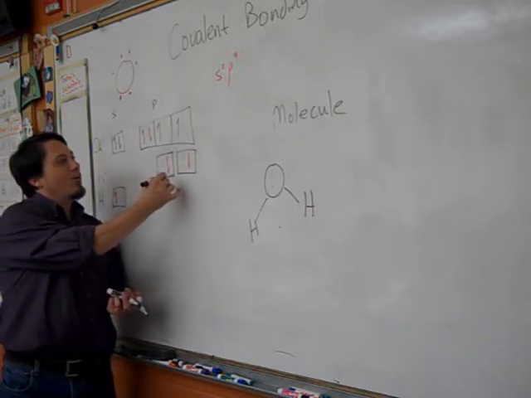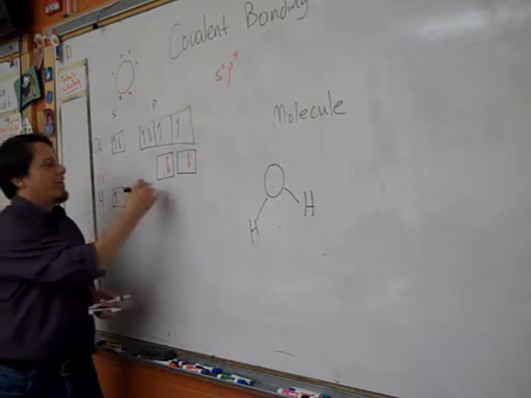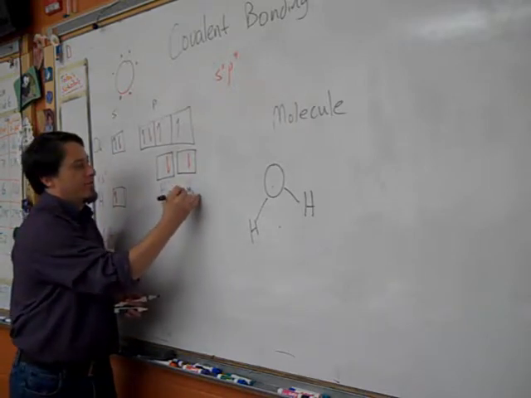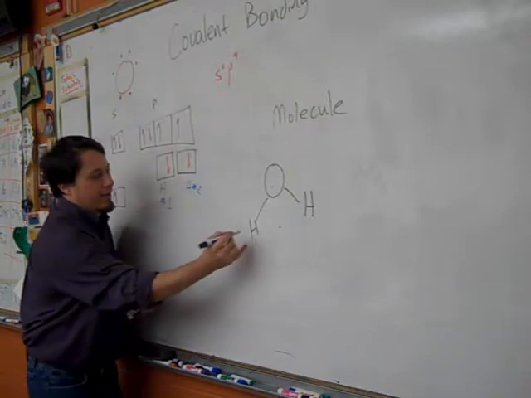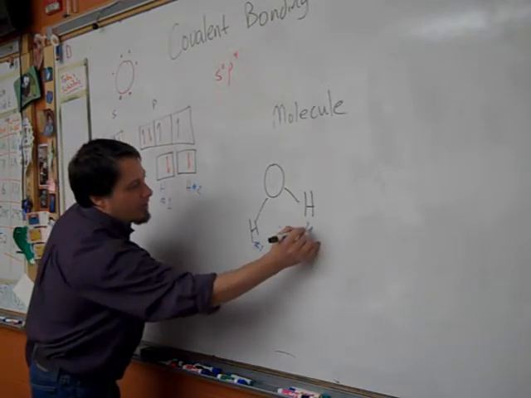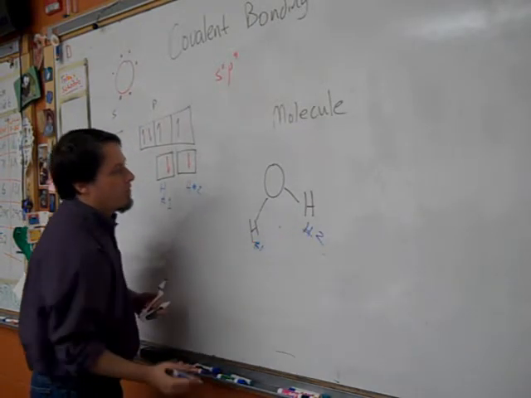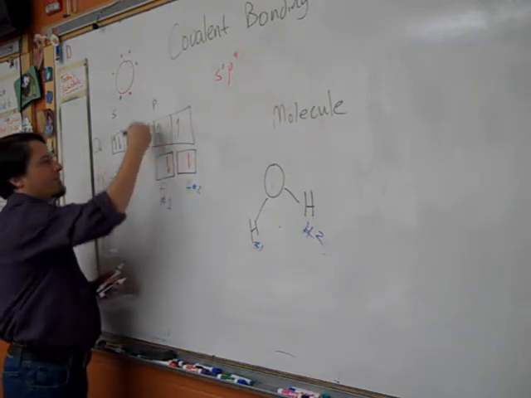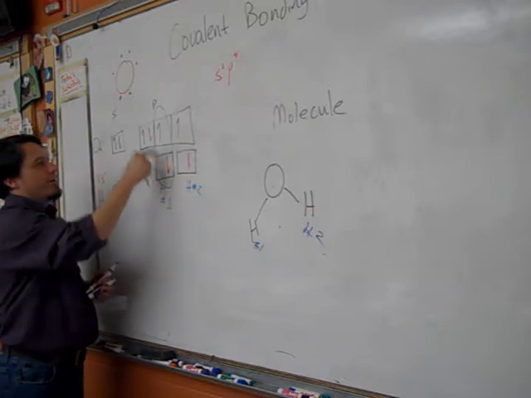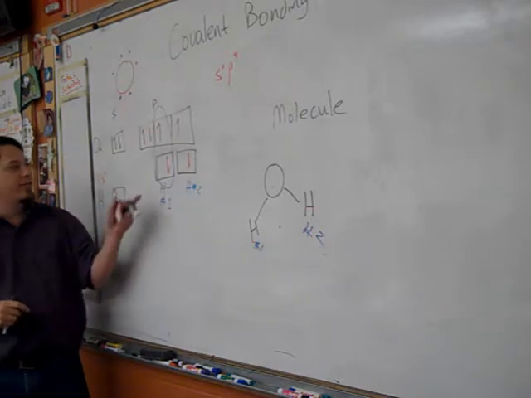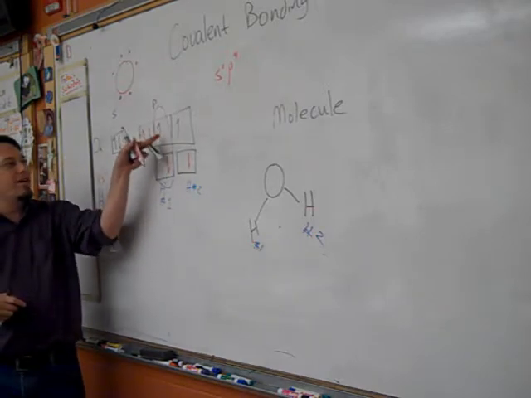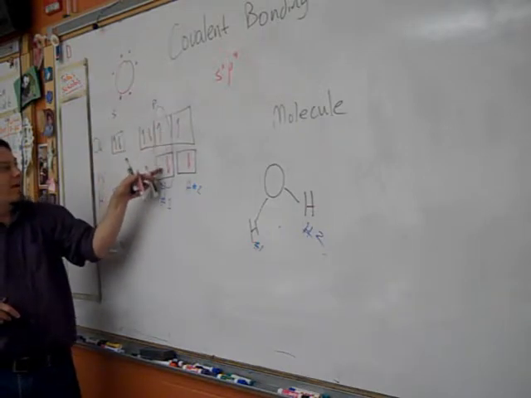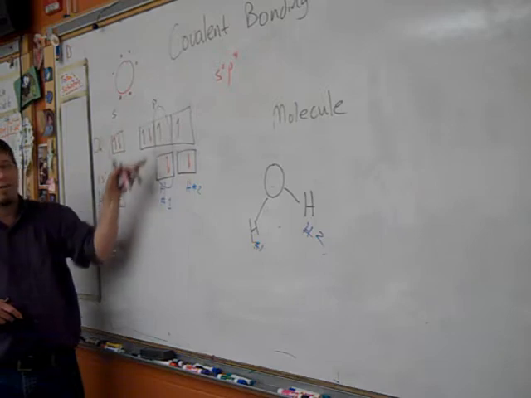Okay. What's going on here, folks? You have to understand. This is hydrogen number 1. This is hydrogen number 2. So, let's call this one number 1. This one number 2. So, what's really happening is this is the shared electrons. They're sharing between the empty orbital on the oxygen and the hydrogen, both of which need 1 to be full, right?